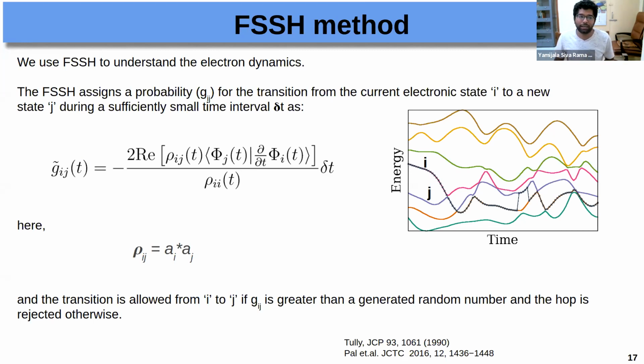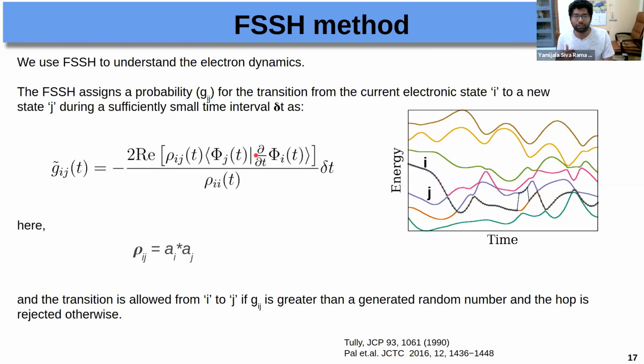If this probability g_ij is greater than the random number, then we will allow the electron to hop from one surface to the other surface. That is, after you shine the light, you will accept that this electron transition can happen. If not, you will just continue to stay on the same state. Here rho_ii corresponds to those adiabatic populations, rho_ij corresponds to the adiabatic density matrix, and this is the derivative coupling that we have seen earlier.